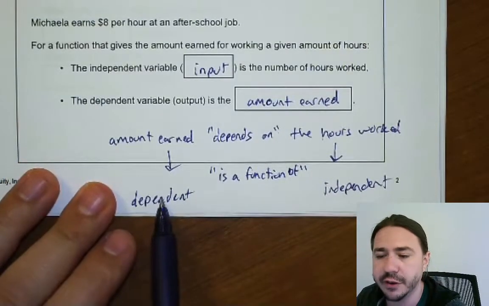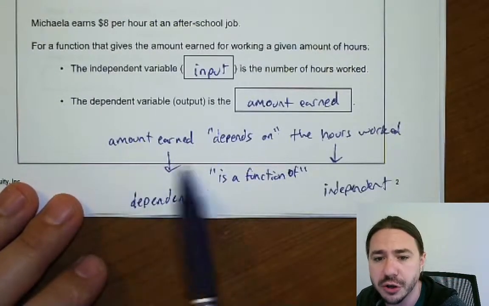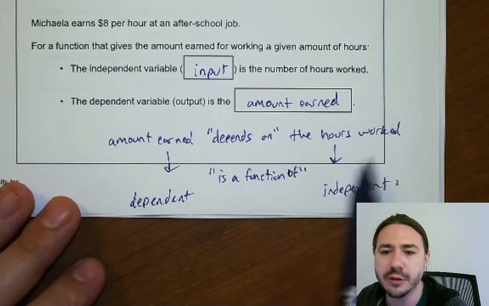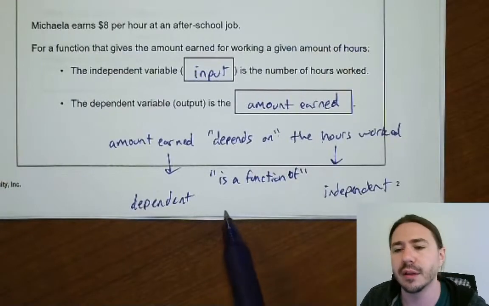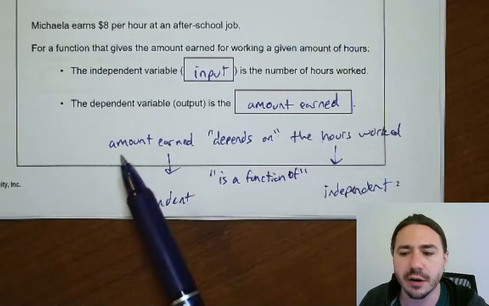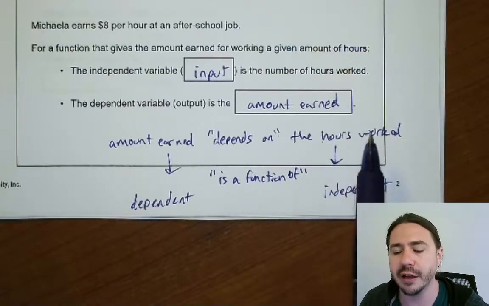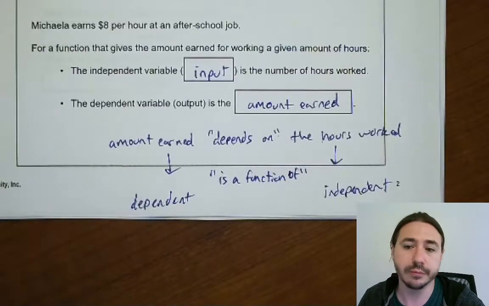Because the dependent variable is dependent because it depends on something else. In other words, you're going to determine this based on whatever value the independent variable has. So if I say, I worked 5 hours, how much did I earn? I know up front what my independent value is, and then my dependent value depends on that.